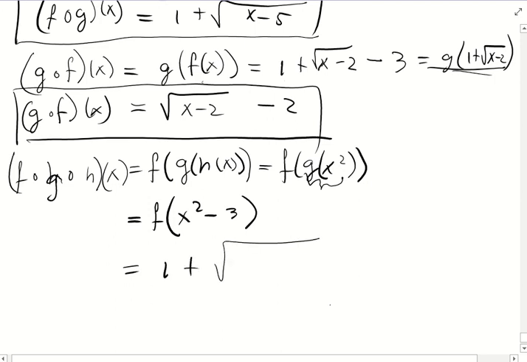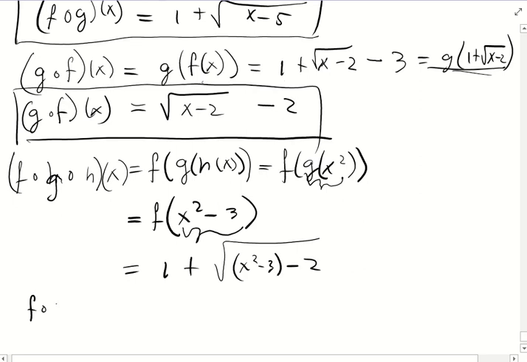But instead of x, I put whatever is inside this quantity, because I'm solving for f of x squared minus 3. So I put it here, x squared minus 3. This is originally x, but because I'm solving this one, it should be f of x squared minus 3, then minus 2, then simplify.